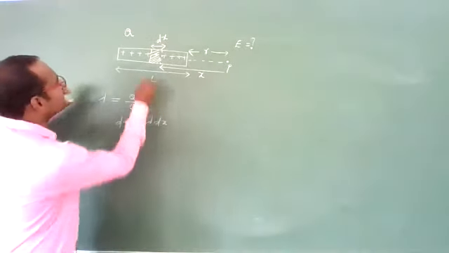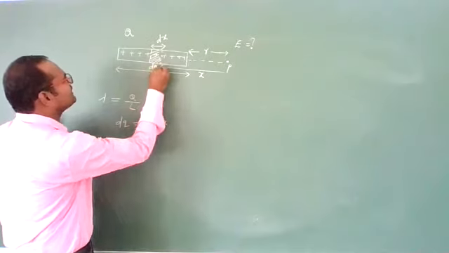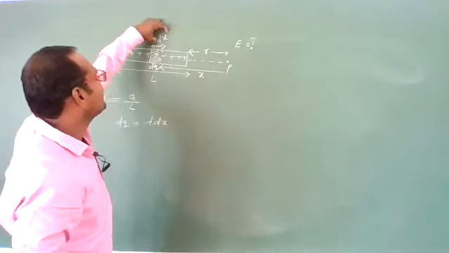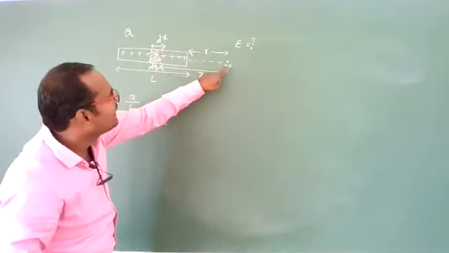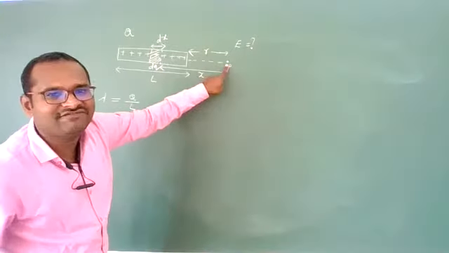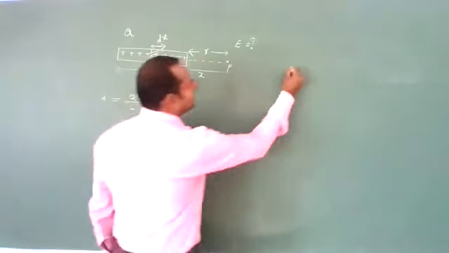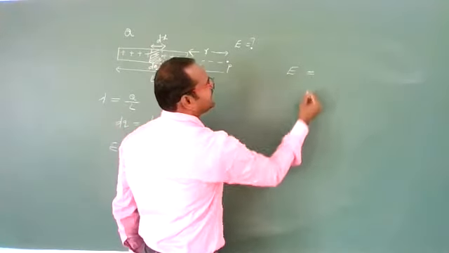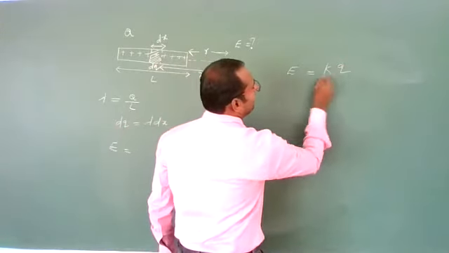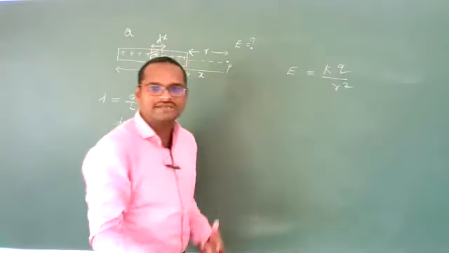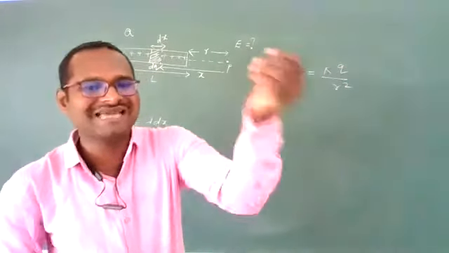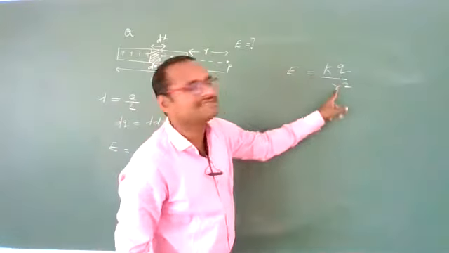Now, due to this charge dq which is present over a length dx at a distance of x, at this point P, what will be the electric field? You know, the electric field due to a charge q at a distance r is kq by r square. Electric field due to a charge q at a distance x is kq by x square.